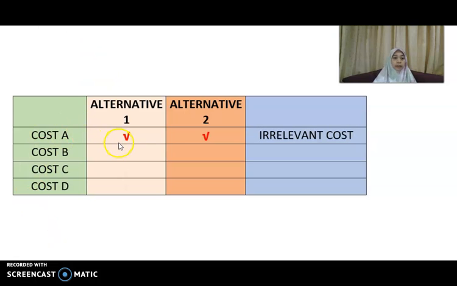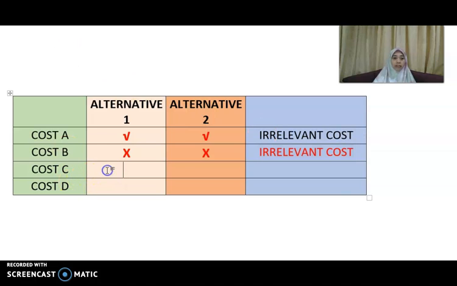If that cost is incurred for both alternatives, it becomes irrelevant. What if for both alternatives you do not have to incur that particular cost? Then that will also become an irrelevant cost.